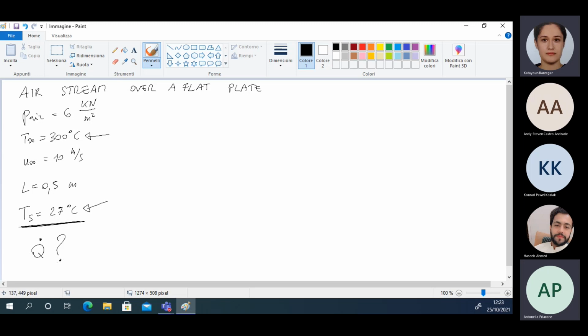First of all, as usual, we estimate the film temperature and the properties of the fluid at the film temperature.